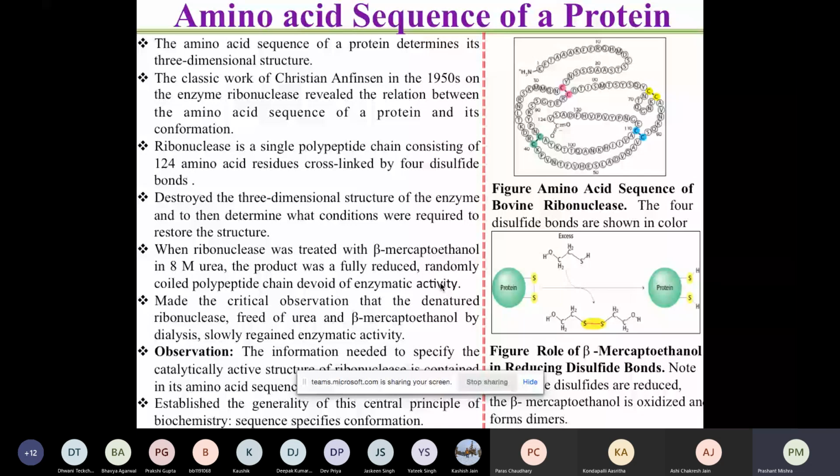So if there is a particular set of amino acids, they will tell you that this type of structure is likely to be formed. Let me again re-emphasize that by just knowing the primary structure, you can predict a tertiary structure, but you cannot be 100% sure. And I'll tell you why it happens.